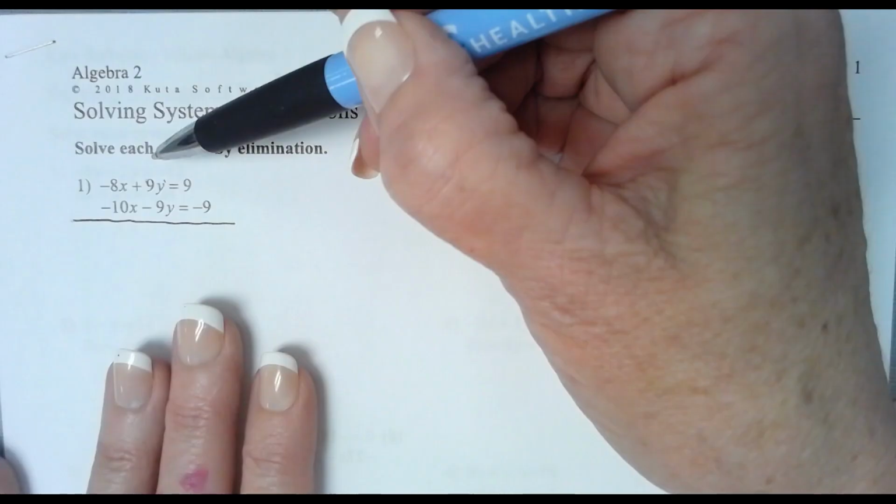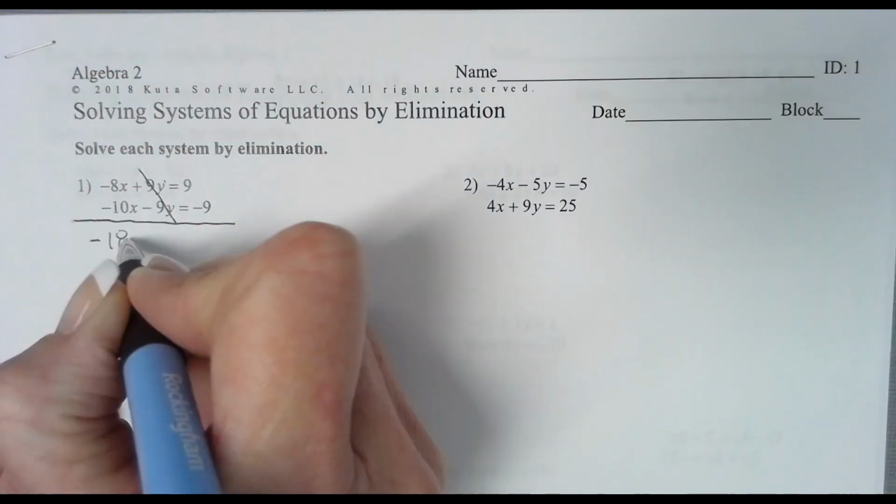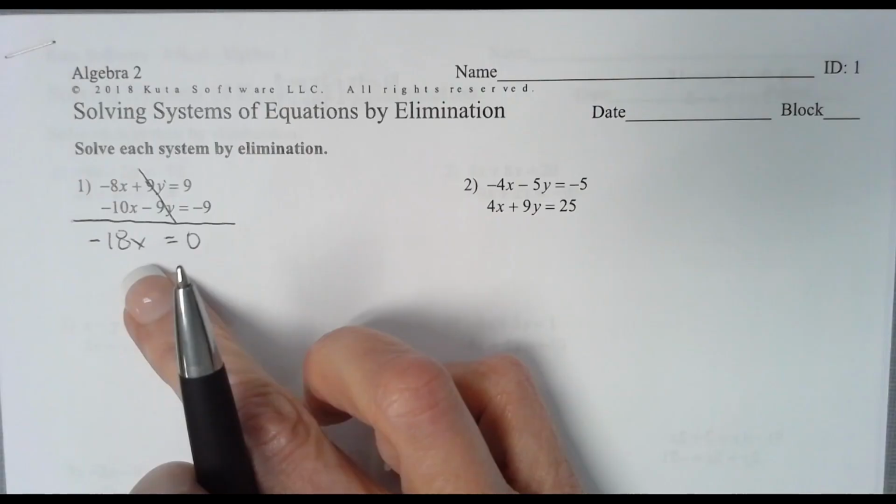Okay, so do you see we just eliminated the y? We're going to combine straight down. So what is negative 8x and negative 10x when I combine them? That's gone. Bring down your equal sign. And now we're going to combine here. What's 9 minus 9?